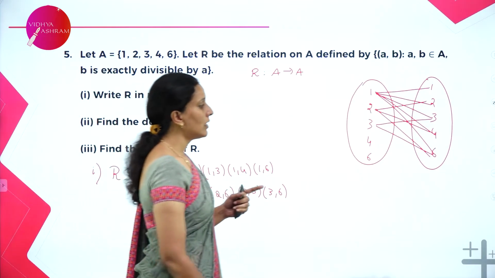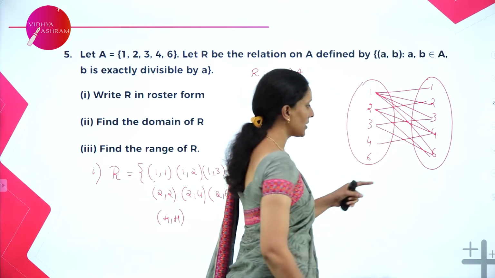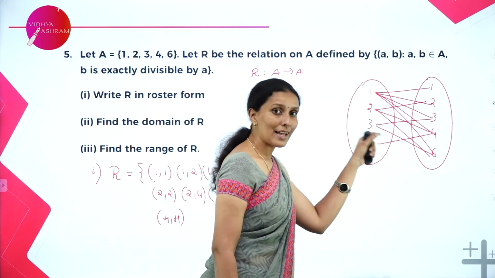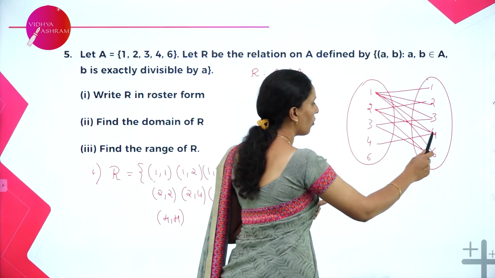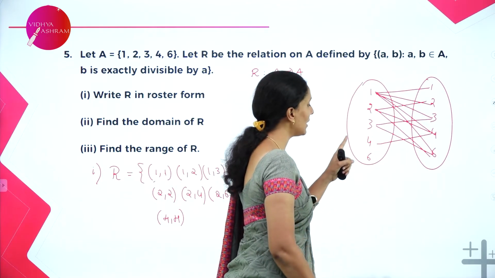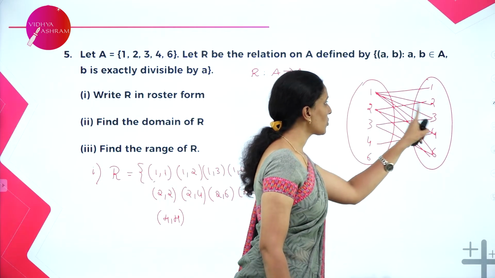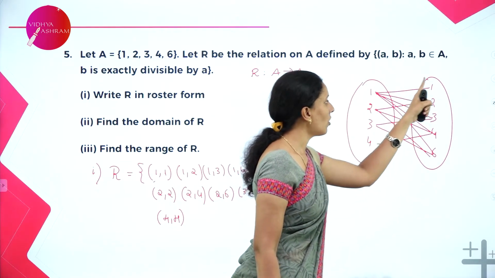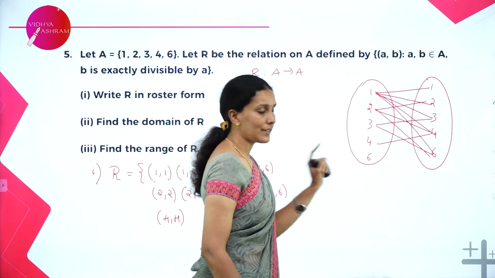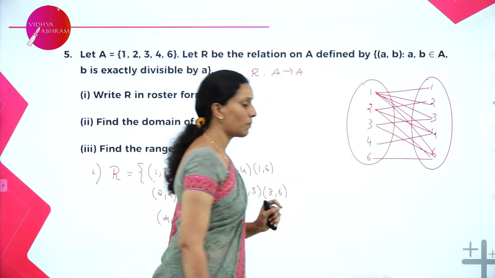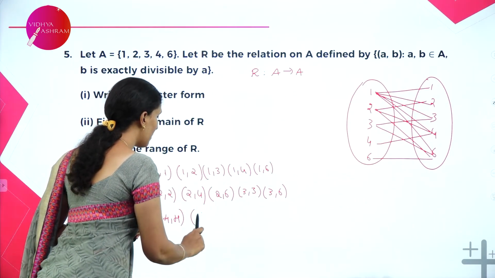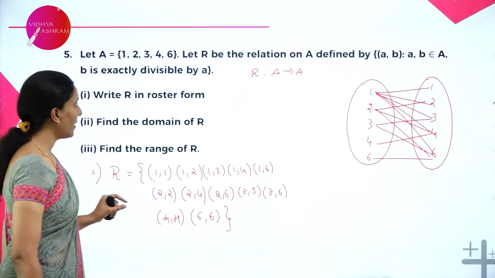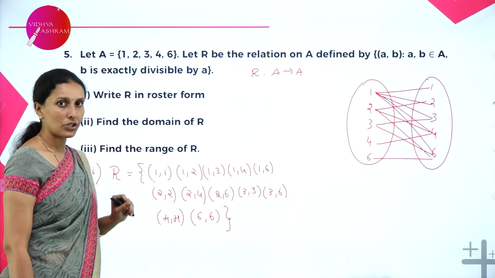And 4 comma 6 is not possible because 6 is not exactly divisible by 4. Similarly, 6 comma 1, 6 comma 2, 6 comma 3, 6 comma 4 are not possible because these numbers are not divisible by 6, but 6 comma 6 is possible. So the last element is 6 comma 6. These are the elements of the given relation set.